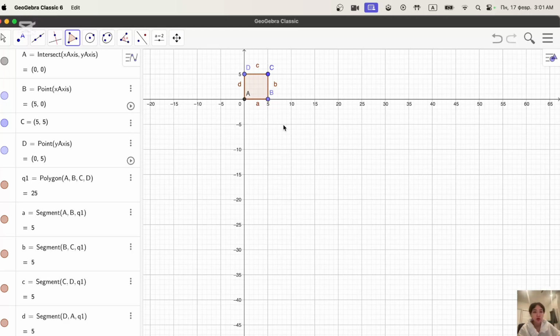And we need to use the polygon tool again to create a larger square representing the pool plus tile frame. The new square should have side length of n plus 2.